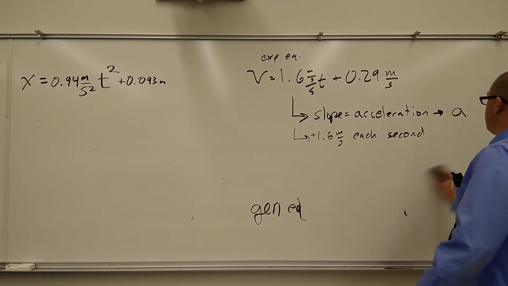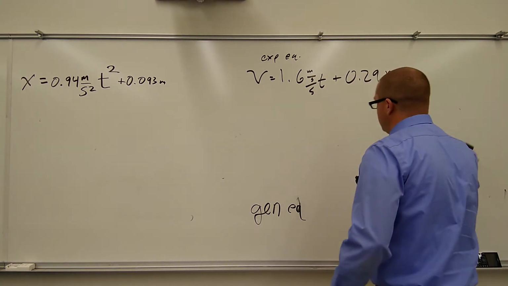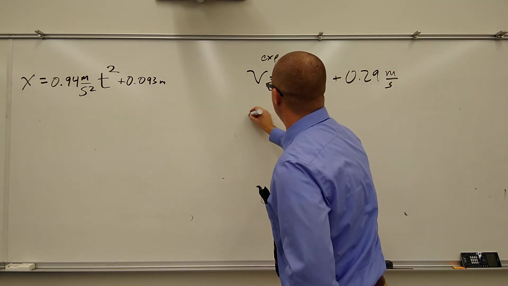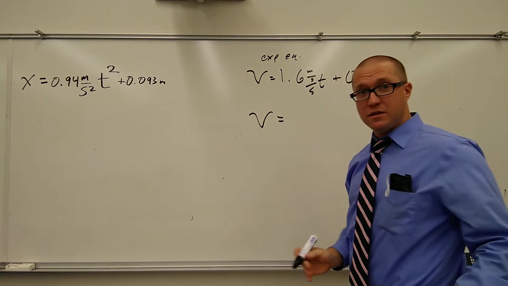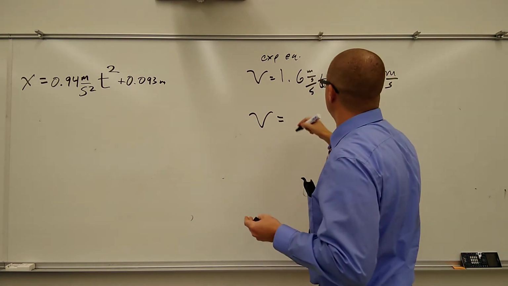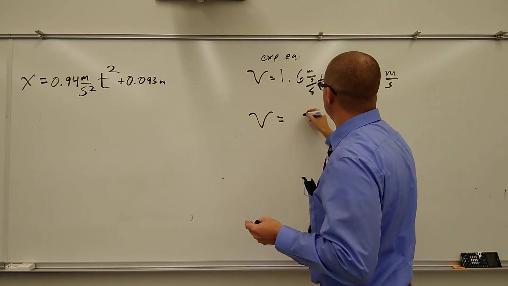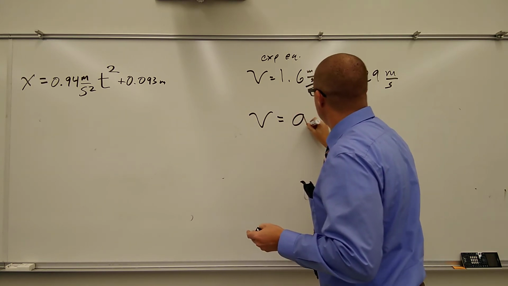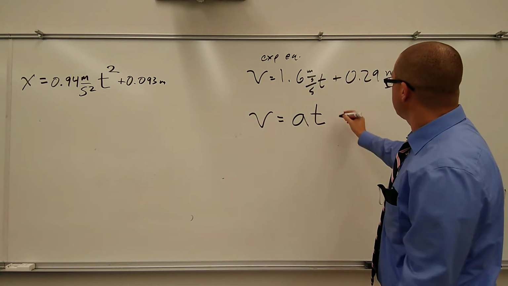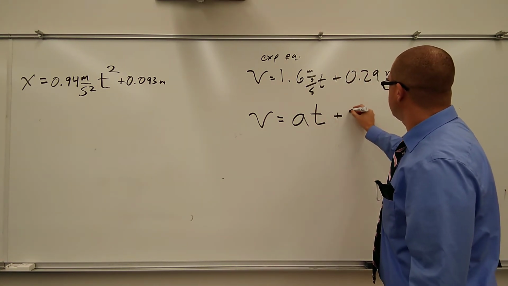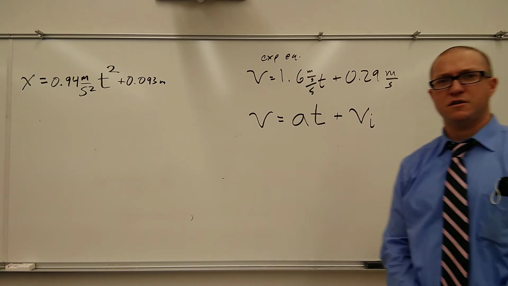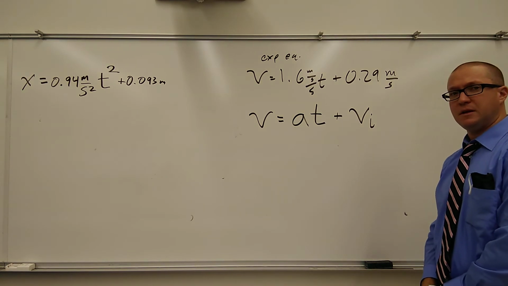So our final general equation here, we replace the numbers with the letters, the variables that we just defined. Okay, so the slope of the line is a, t, plus the initial. And that's our final general equation.